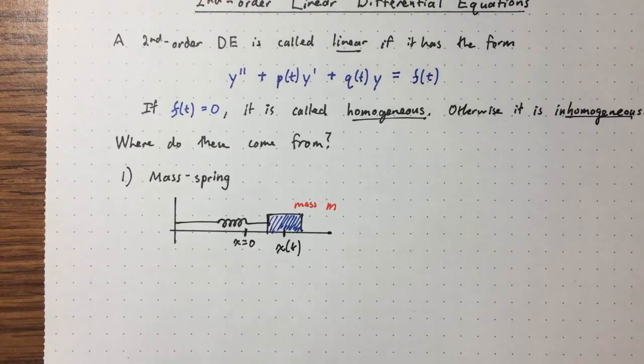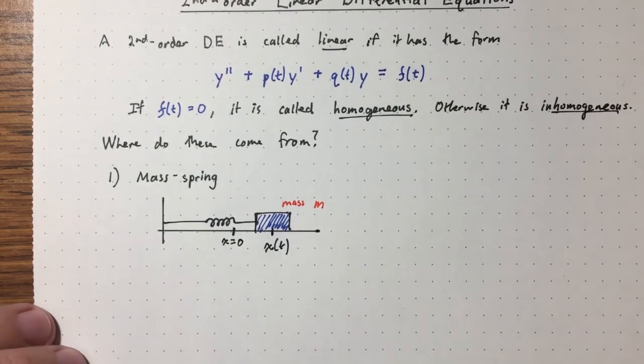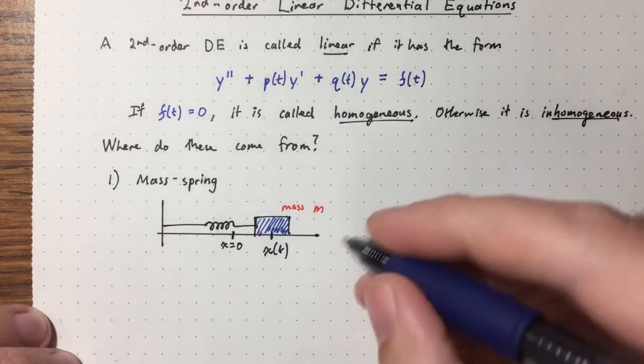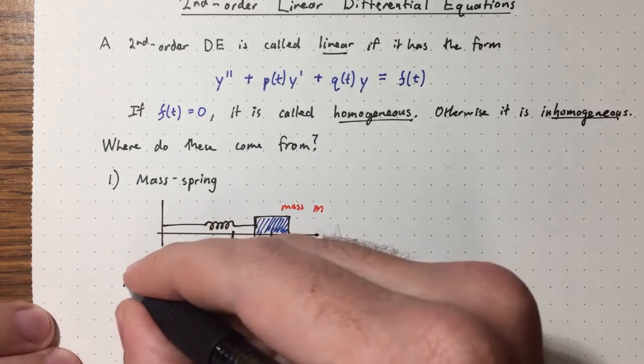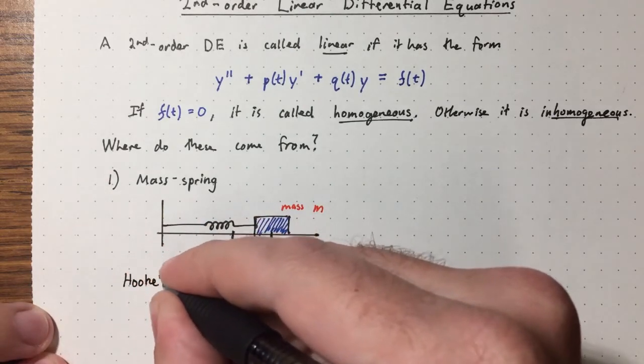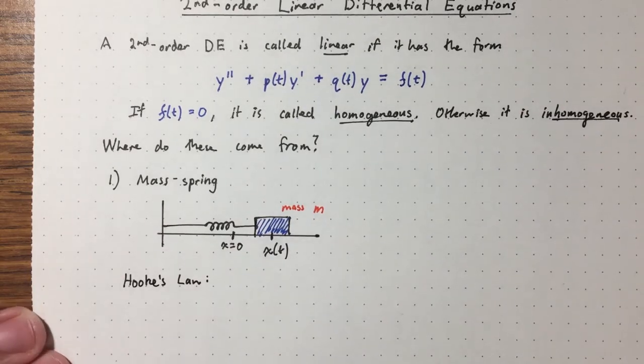Okay. So if you recall, how do we get the differential equation? Well, the way we got it was we used Hooke's law. So Hooke's law was the relevant physical law. And do you remember what Hooke's law said?